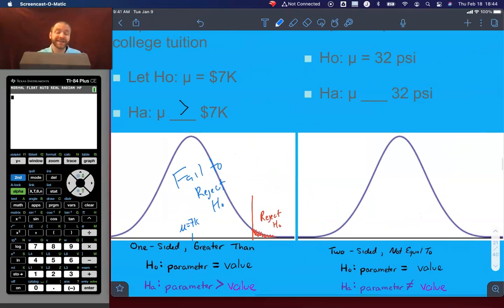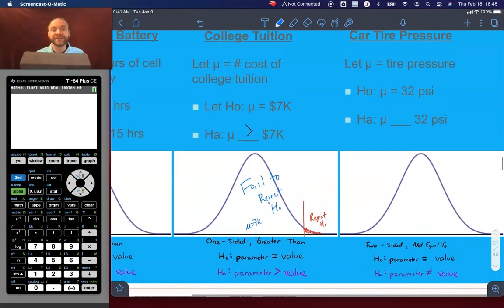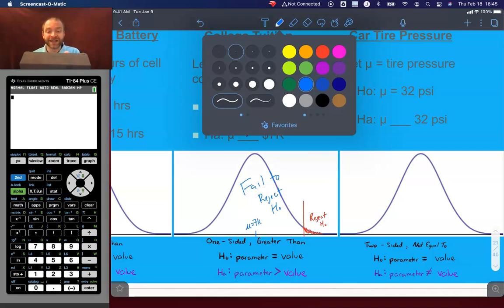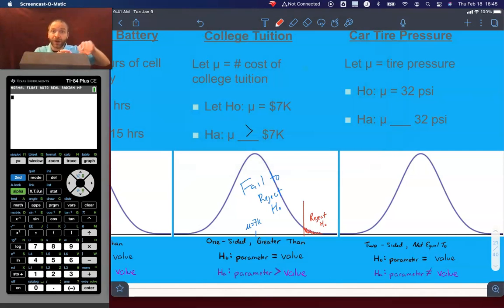Now, in this case, it's a two-sided significance test for us. And this one deals with tire pressure. So if mu is the tire pressure in PSI, and the null hypothesis is you open the door, you look at the tire, you look on the wheel, and you go, yep, it says 32 PSI. That should be the average. Well, for your tire, it matters, by the way, if your tire is overfilled, because it could pop, or underfilled, because you would warp the tire.